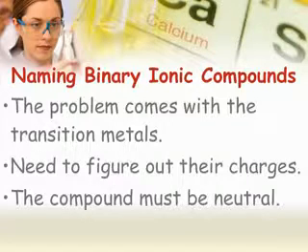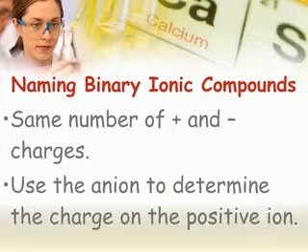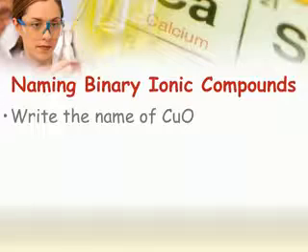Remember, an ionic compound has to be neutral. So the cation charge and the anion charge must equal each other. Same number of positive and negative charges. So you look at the anion first to determine what the charge is on the positive ion. So let's try this formula.